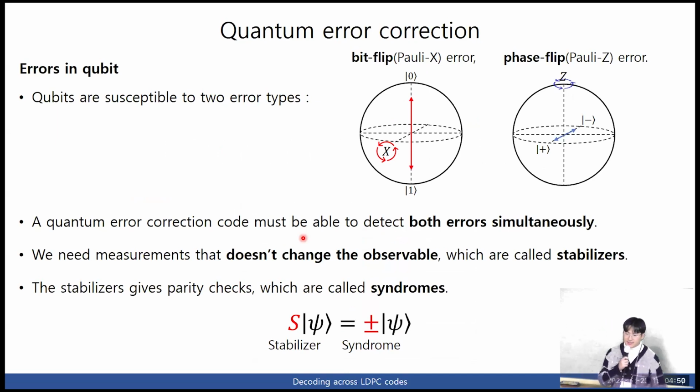We need measurements that don't change the observable, which we call the stabilizers. The stabilizers give parity checks, which are called syndromes, where you can see here, the stabilizer is projected on the states, the state is preserved, and we get a syndrome, which is plus or minus.